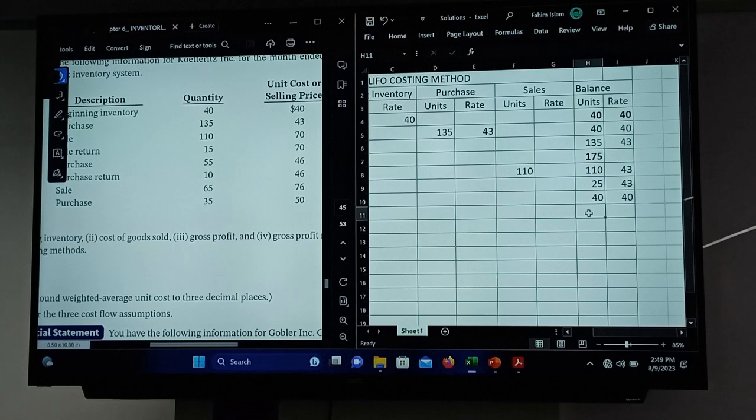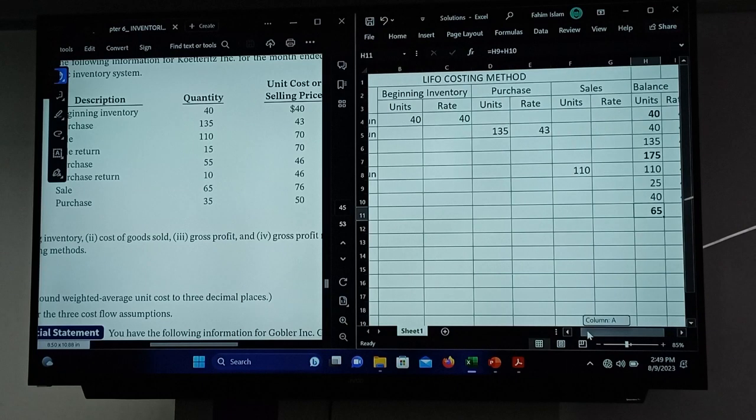So now we have a total of 25 plus 40, which is 65 units on hand. That is our current inventory balance.